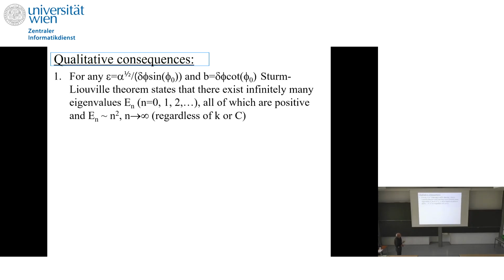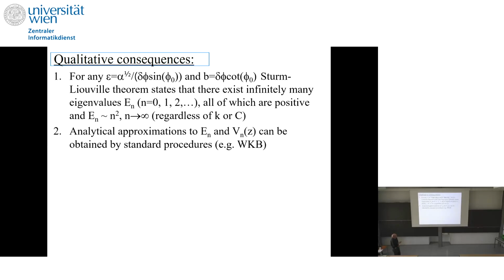Just by formulating it in this way, what we know is for each pair of these two parameters, epsilon and B, we have an infinite number of E, of energy levels, regardless of K and C. Analytical approximation can somehow be done, I'll show you how we do some of them, and I'm sure smart guys in the audience can do even better than that.